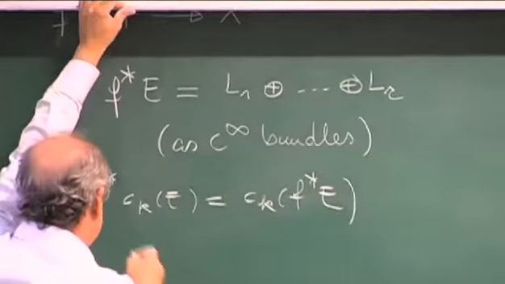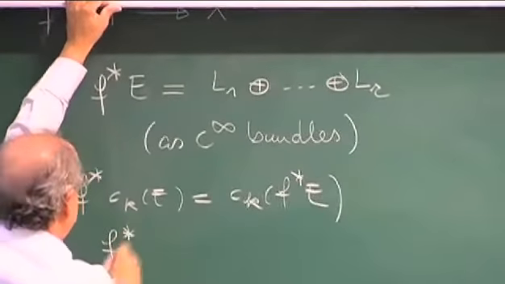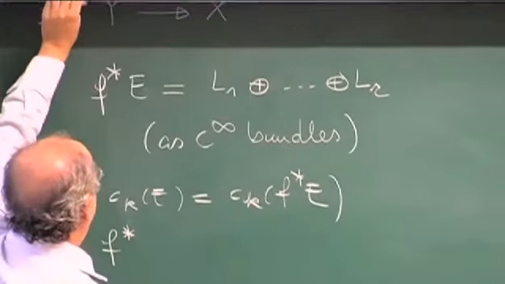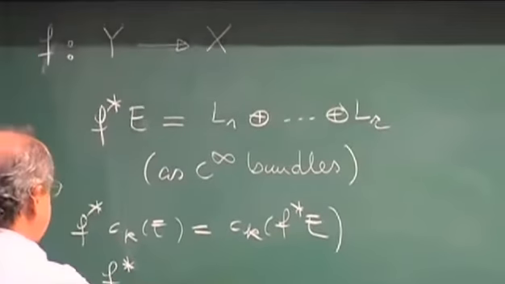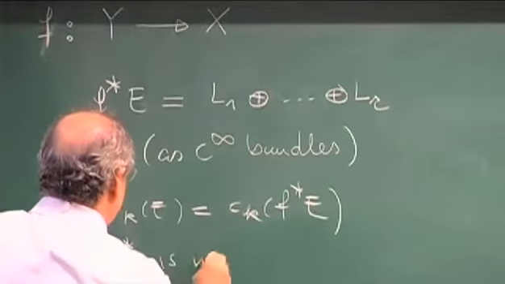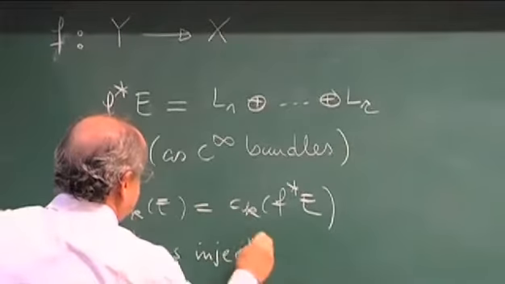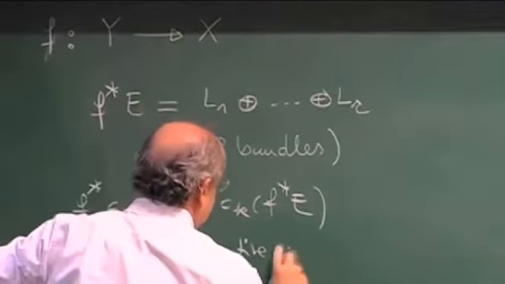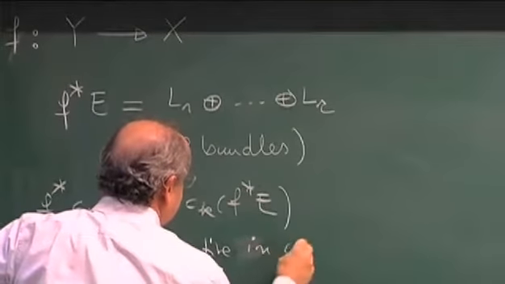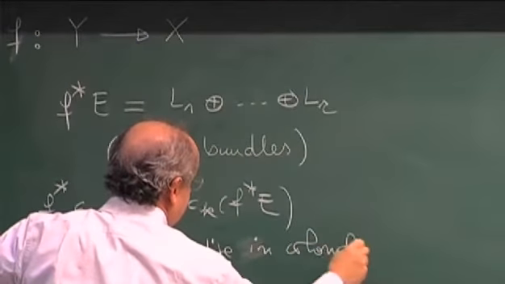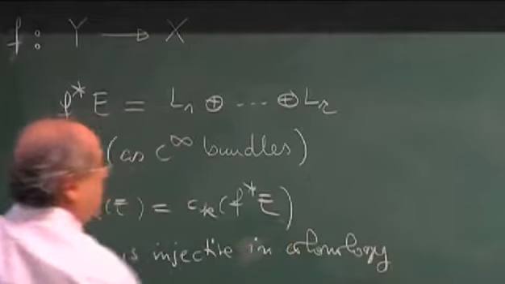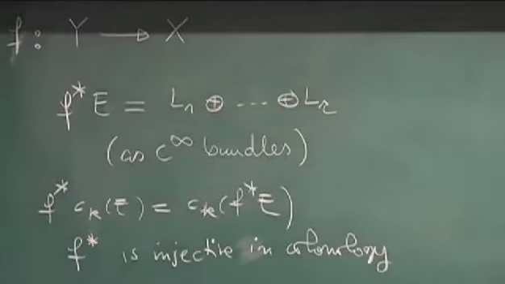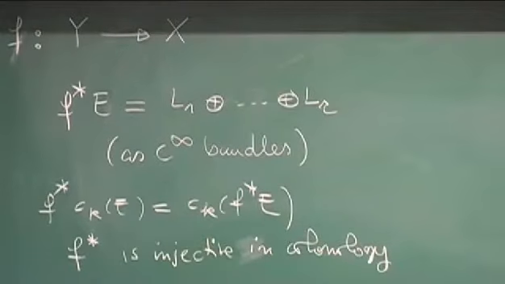So in particular, this map of manifolds is such that the pullback is injective in cohomology. Anyway, I understand that there is too much which is hidden here. Let me just say that what I really wanted to do is to define the first Chern class of line bundles in some precise way.